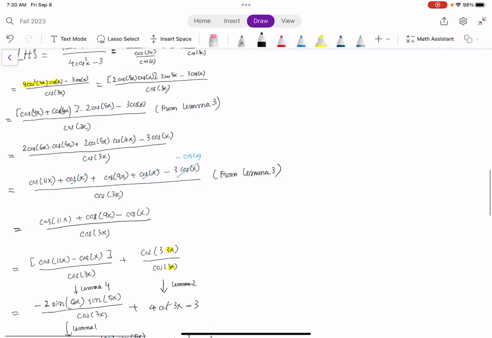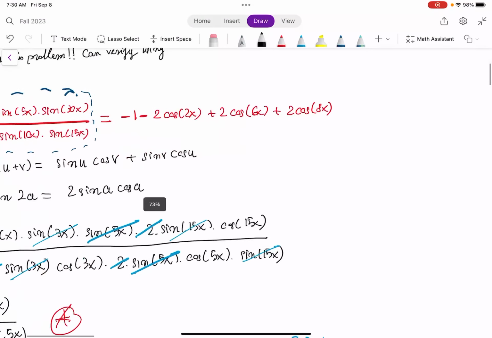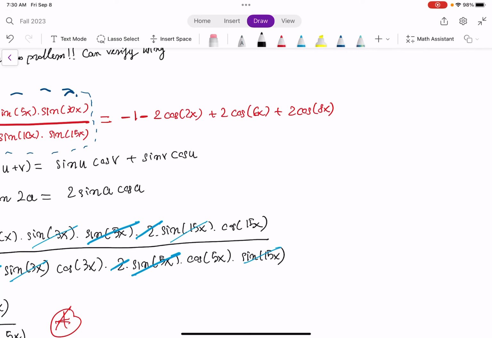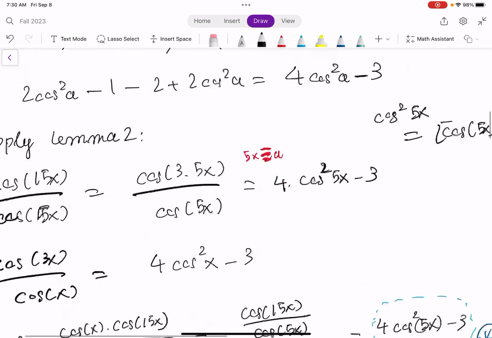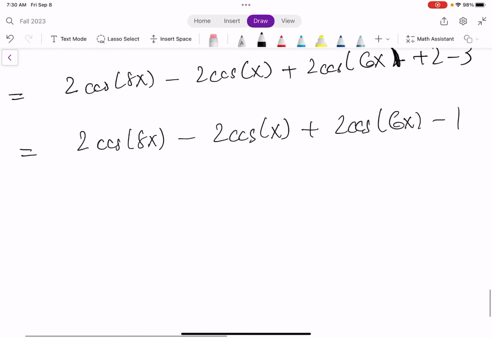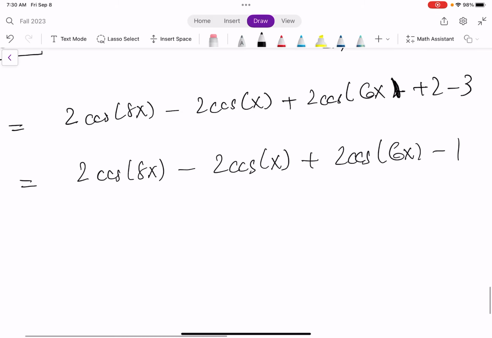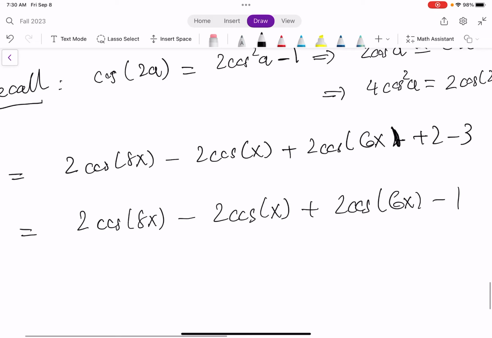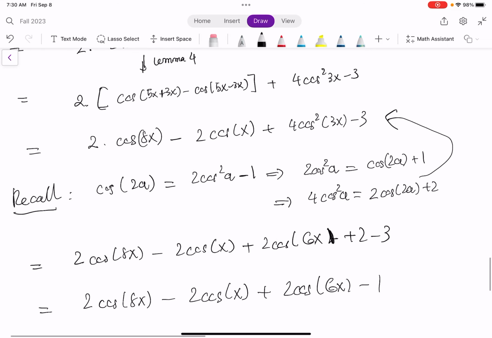Okay, and is this the result we have? Simplify with minus 1, minus 2 cos 2x, 6x. Plus 2 plus 2. I think it's similar, right? Oops, this is cos 2x, I wrote cosine of x. Let me check.